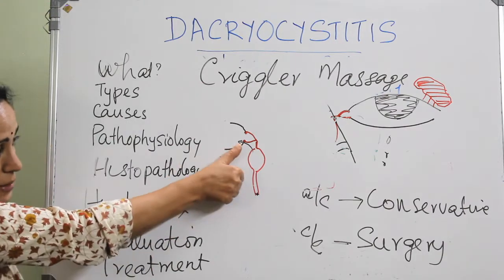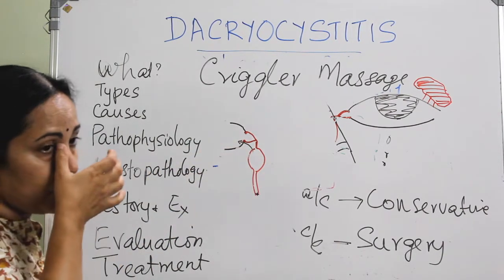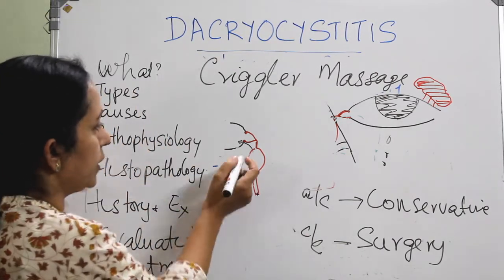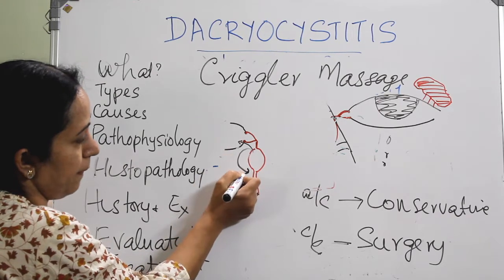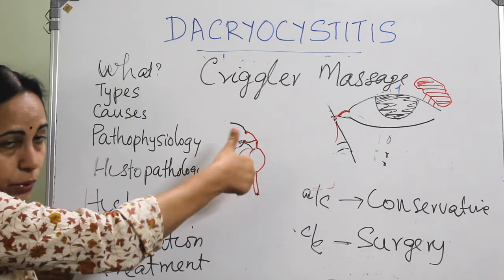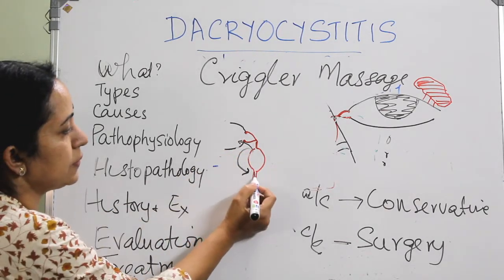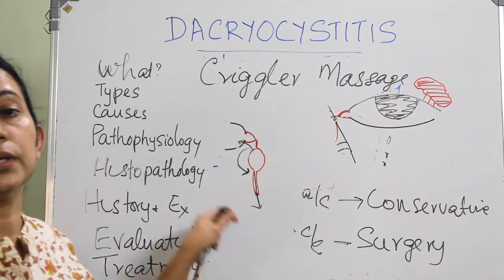This should be pressed downwards, and the movement of the thumb should be in this direction. This should press on the lacrimal sac. At the same time, this should be rotated downwards so that the tears will come the right way. This will burst open and it will go into the nasal cavity.